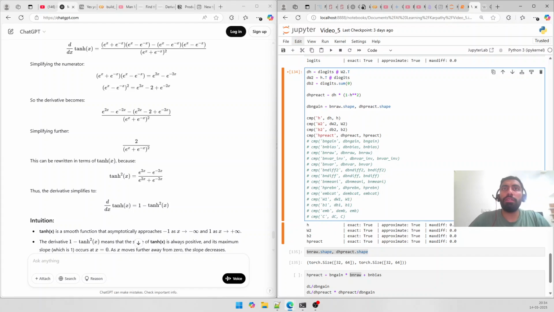So dBn gain will be d bn raw into this thing.